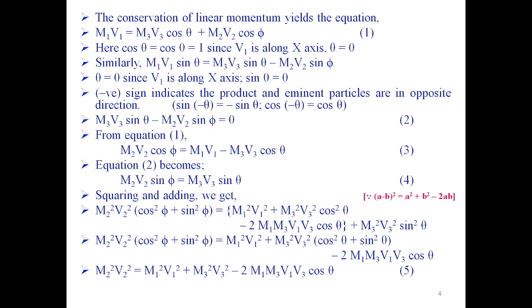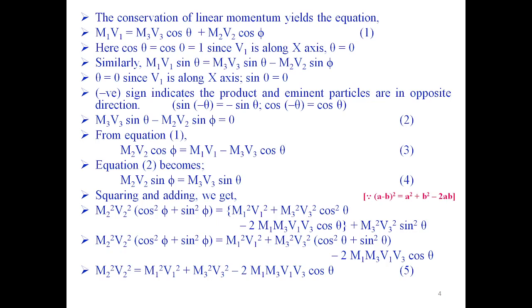So sine of minus theta is equal to minus sine theta, and cos of minus theta is cos theta. So the equation becomes m3 v3 sin theta minus m2 v2 sin phi equals 0. From equation 1, m2 v2 cos phi equals m1 v1 minus m3 v3 cos theta, and equation 2 becomes m2 v2 sin phi equals m3 v3 sin theta.